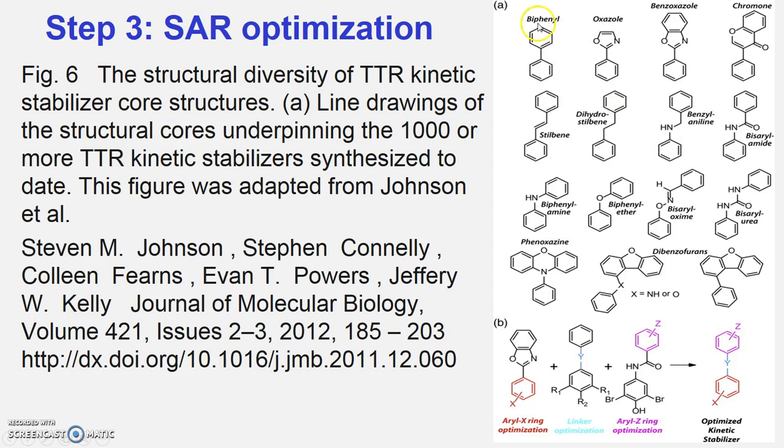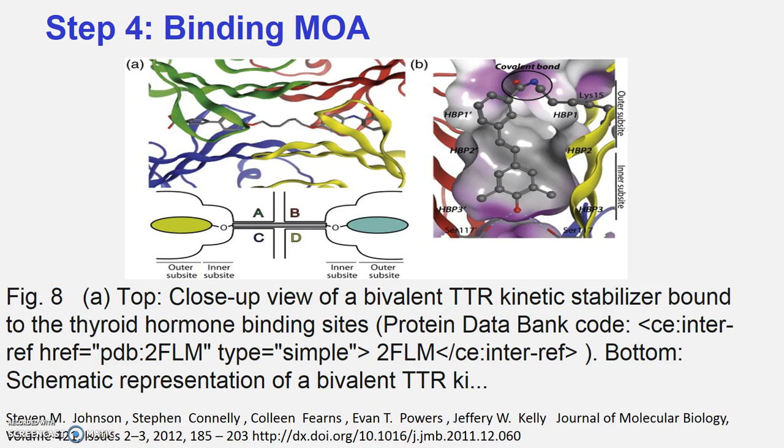They then, once they had a few things that bound, they did structure activity-based medicinal chemistry optimization. So they added different moieties. They figured out where the best compounds now bound, and look, this one forms a covalent bond, which is kind of cool.